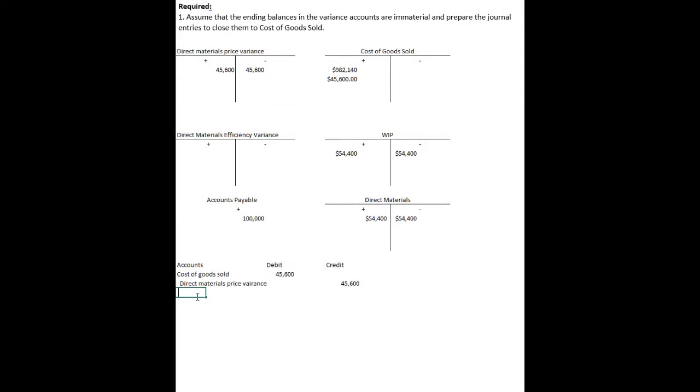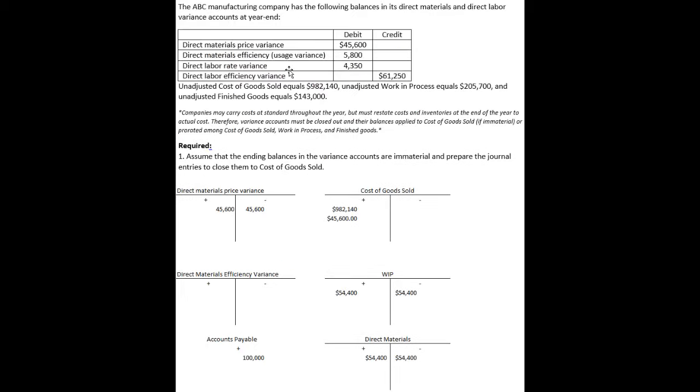And so I could actually just do this, right? Direct materials efficiency variance. Spelled it wrong. Direct labor rate variance, because that one also has a debit balance.